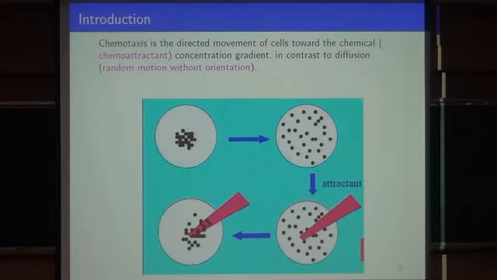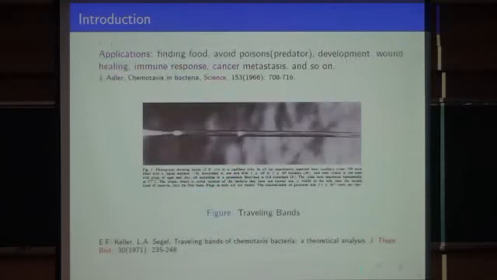This particular phenomenon is called chemotaxis. And you can find it in a lot of biological applications: food finding, avoiding poison, development and wound healing, immune response, cancer metastasis, and so on.